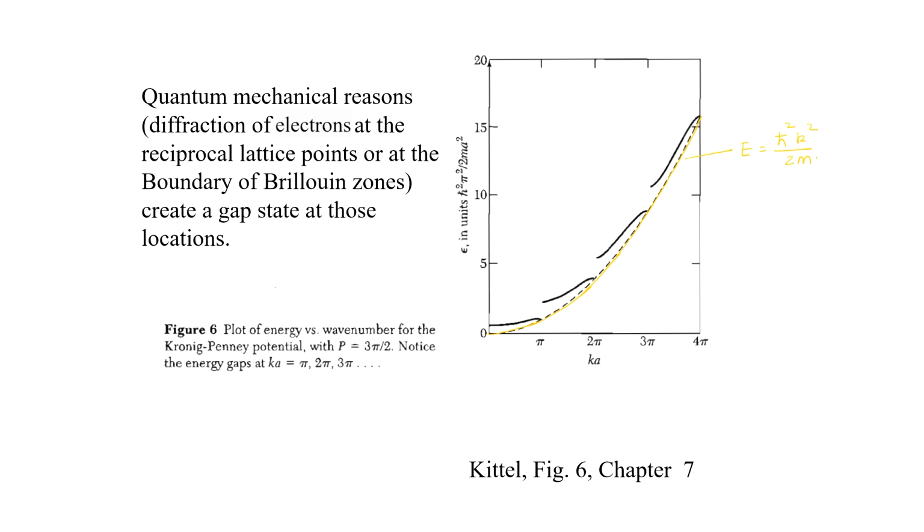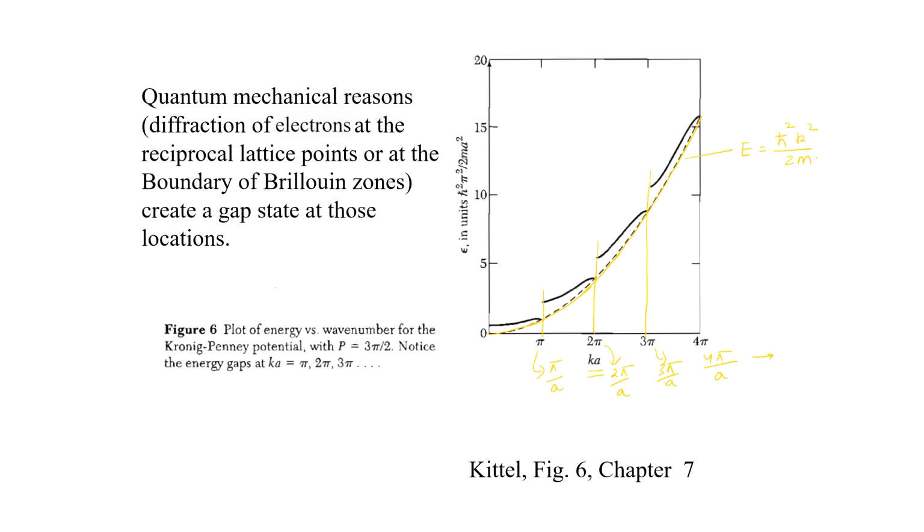Okay. Now, for quantum mechanical reasons, the electrons undergo diffraction at the reciprocal lattice points, or at the boundaries of Brillouin zones, and the boundaries of Brillouin zones are characterized by these points. These are reciprocal points, plotted as Ka. If you plot it in terms of k, then it is pi by a, 2 pi by a, 3 pi by a, 4 pi by a.